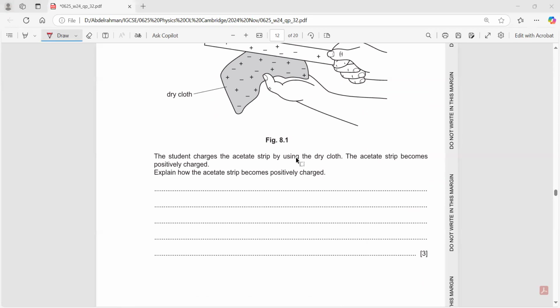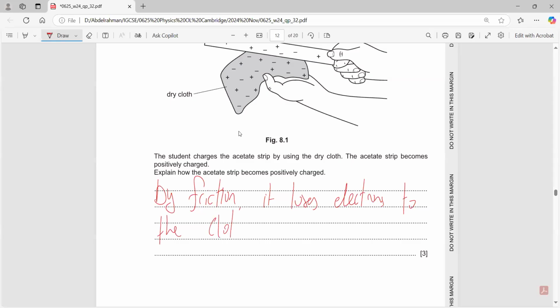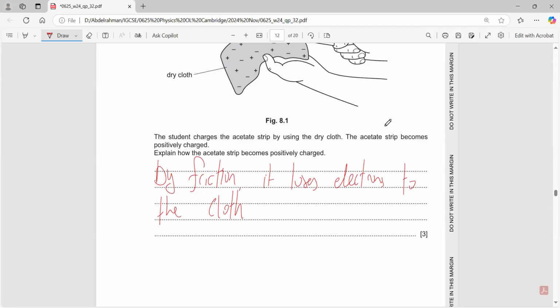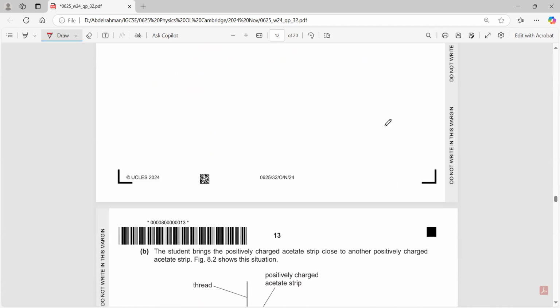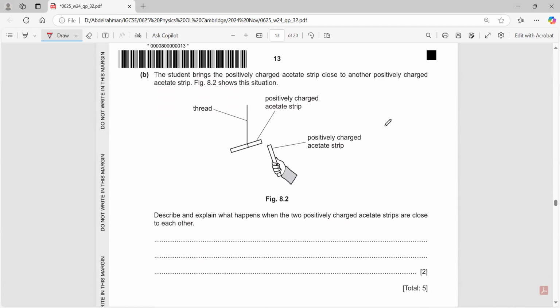So by friction, it loses electrons to the cloth, from the rod.